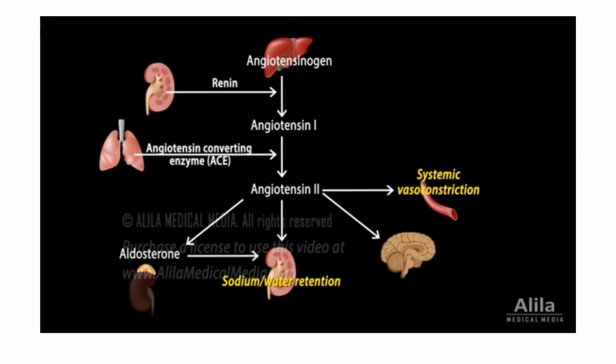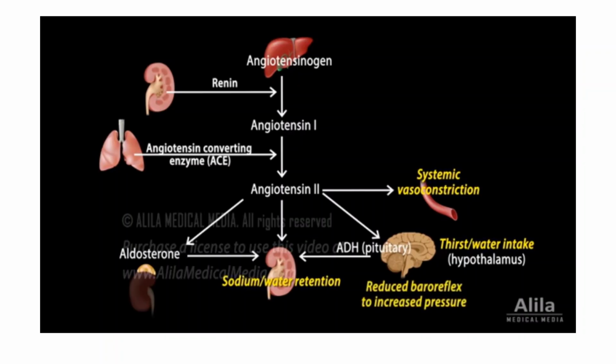In the central nervous system, angiotensin 2 has several effects. It acts on the hypothalamus to stimulate thirst and encourage water intake. It induces the posterior pituitary to release antidiuretic hormone, which promotes water retention by the kidneys. It reduces the sensitivity of baroreceptor response to increased blood pressure, so that this response would not counteract the effect of RAS.